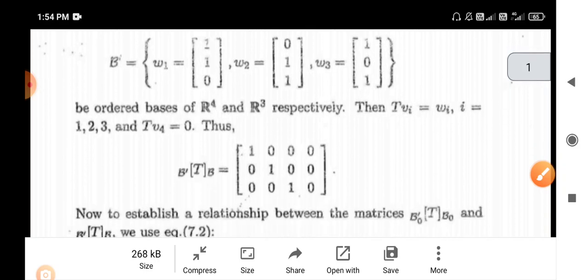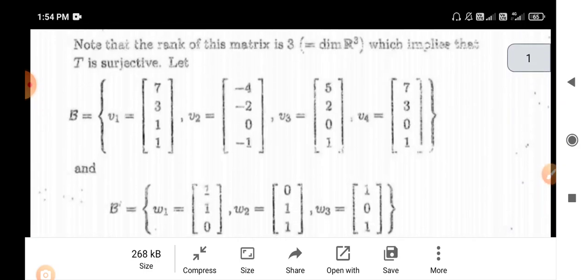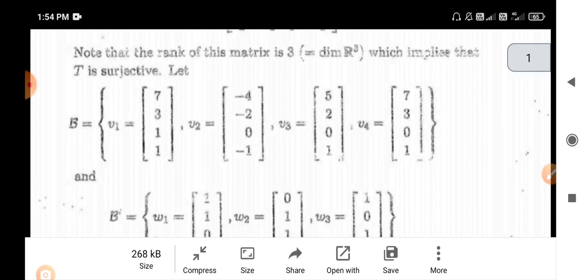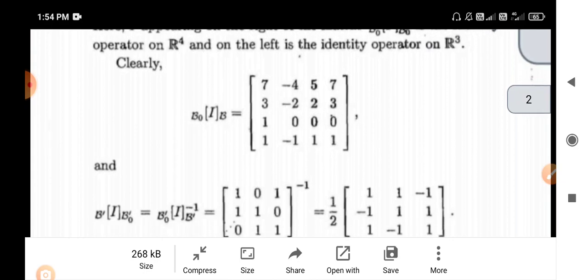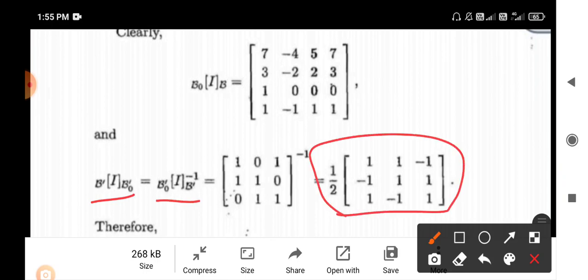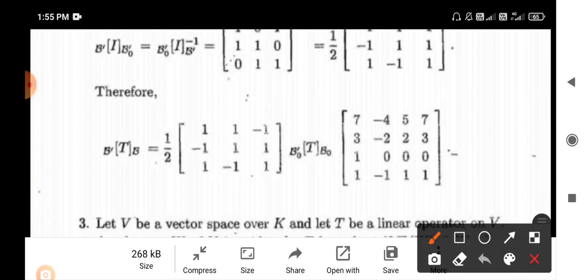Then the matrix of representation of I has first vector (7, 3, 1, 1), second vector (-4, -2, 0, -1), and the third and fourth vectors as column vectors. Also find the left product and right product, and substitute in the above formula. Therefore this becomes this product, which is a verification.